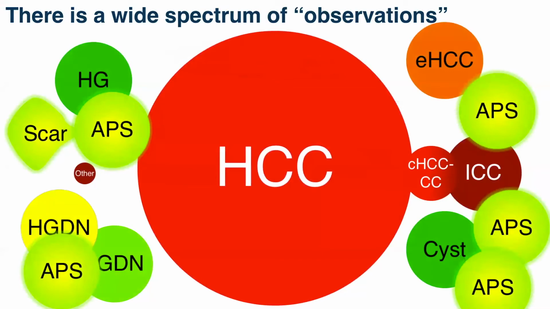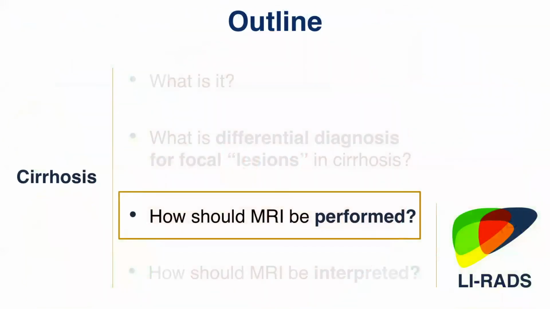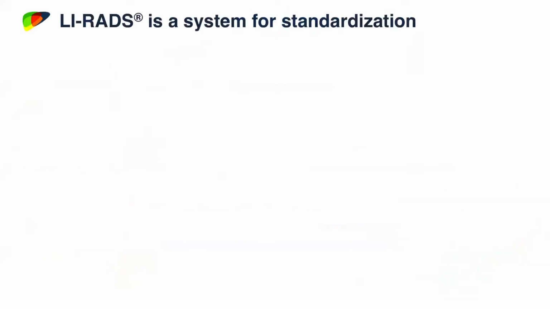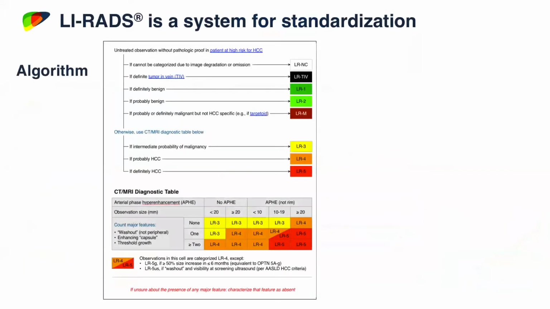And the question is, how do we tackle this very wide spectrum of observations? So before we learn how to interpret it, let's just spend a little bit of time on how MRI should be performed. And we will now segue into LI-RADS for how MRI should be performed and how it should be interpreted. So first of all, what is LI-RADS? LI-RADS is a system for standardization.